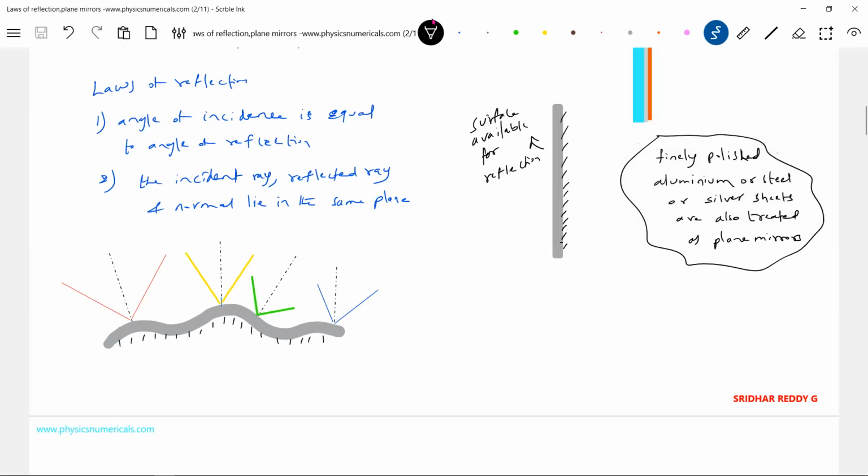So what do you mean by that? This is theta 1, theta 2, alpha 1, alpha 2, phi 1, phi 2, beta 1, beta 2. Everywhere, at all points, the angle of incidence equals the angle of reflection.